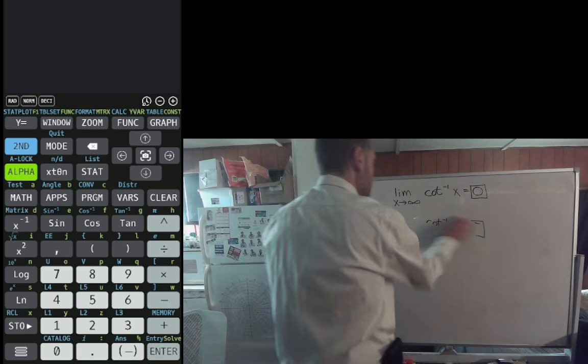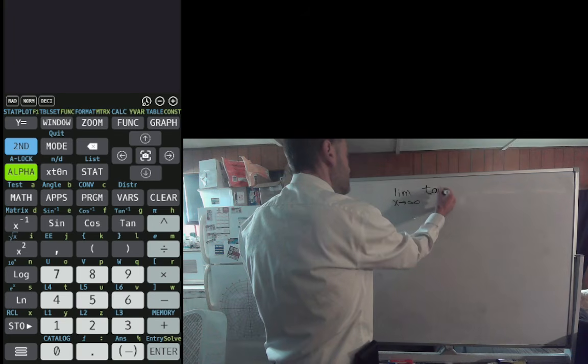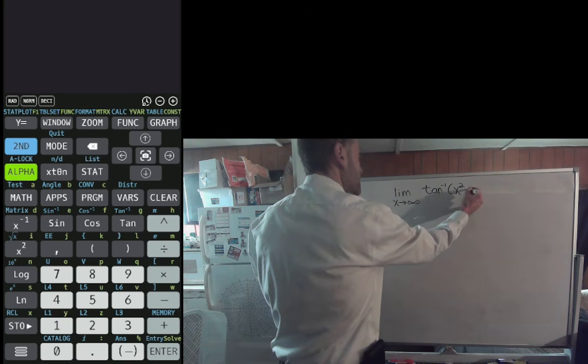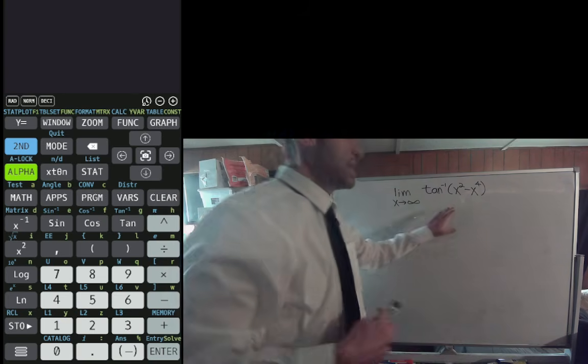Now, let me throw a curveball at you a bit here. What if we did the limit as x approaches infinity of the inverse tangent function of x squared minus x to the fourth? This kind of ties in with the polynomial functions we did yesterday.